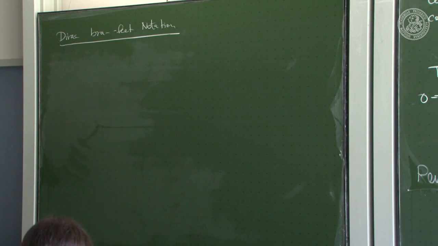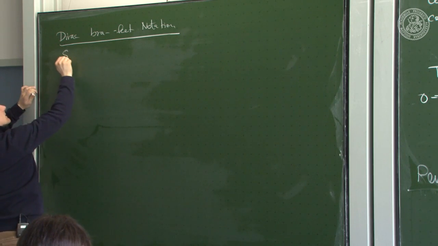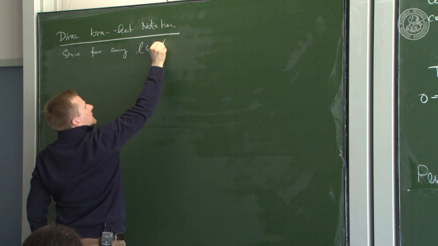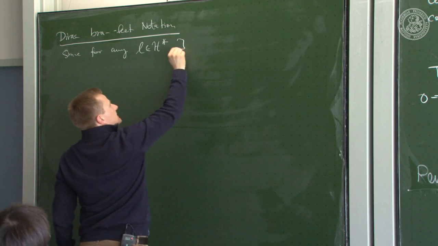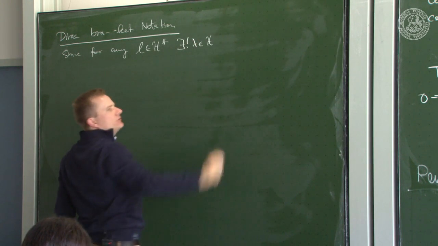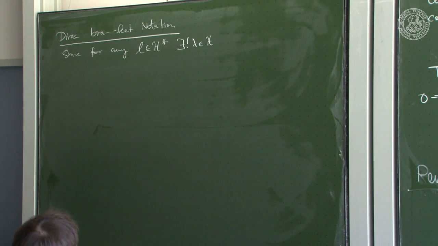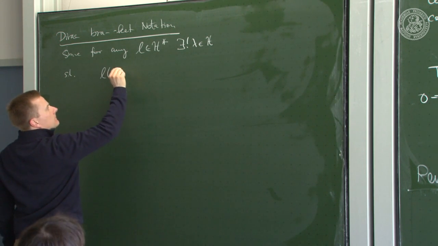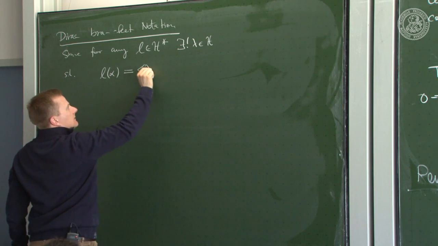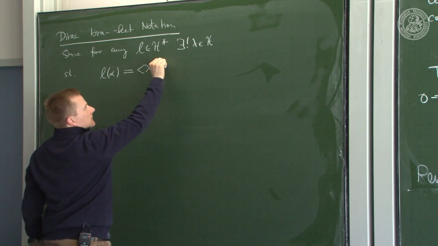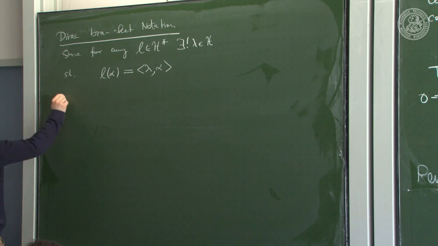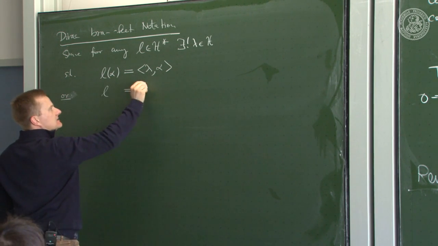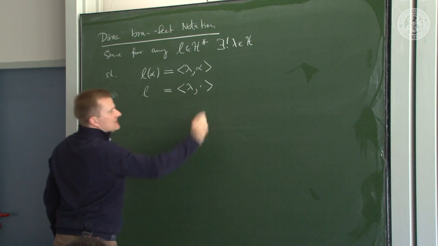So the whole thing is pretty clear. Since for any element L in the dual space, there exists a unique lambda in H due to the Riesz lemma, as we just showed, such that L of alpha is the same as lambda comma alpha, or what we could also say is L open slot, so the map L as such is lambda comma open slot.